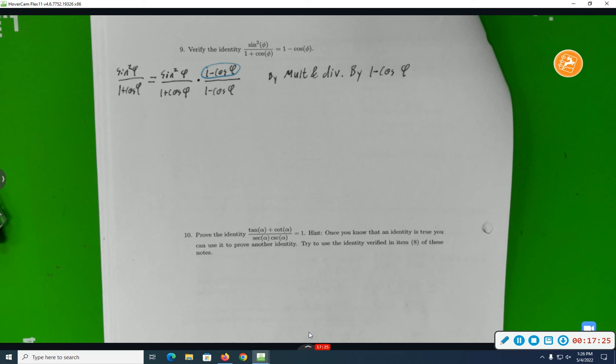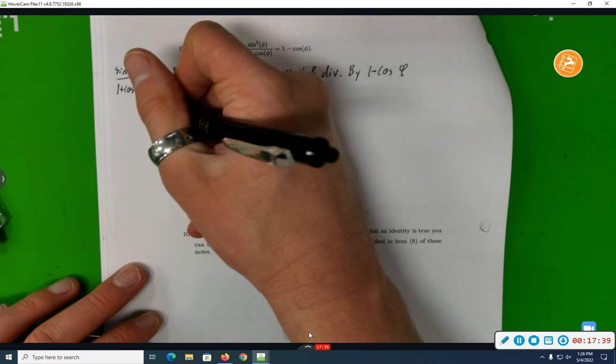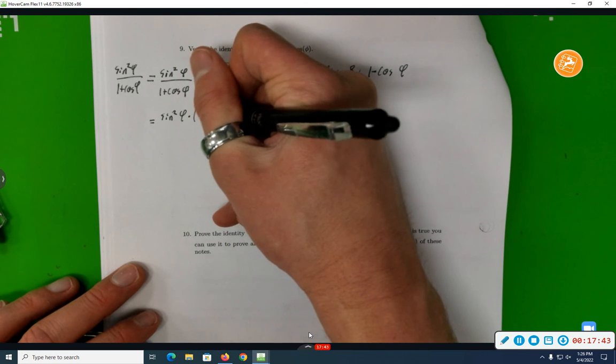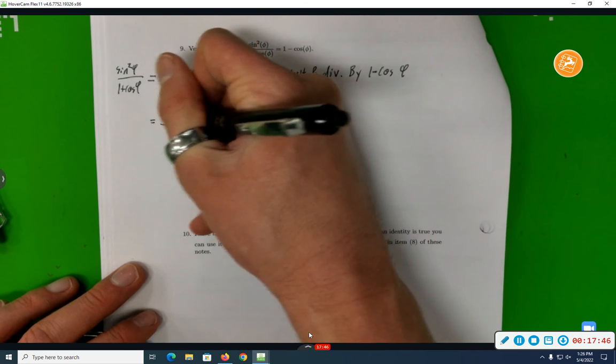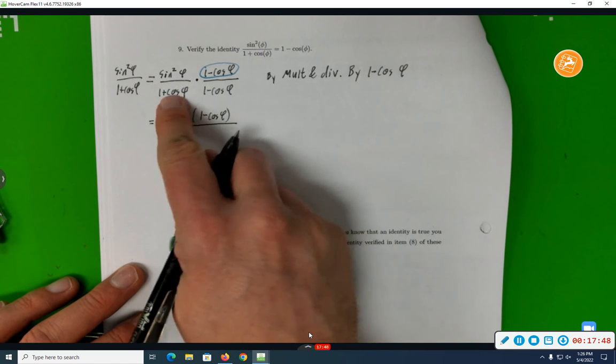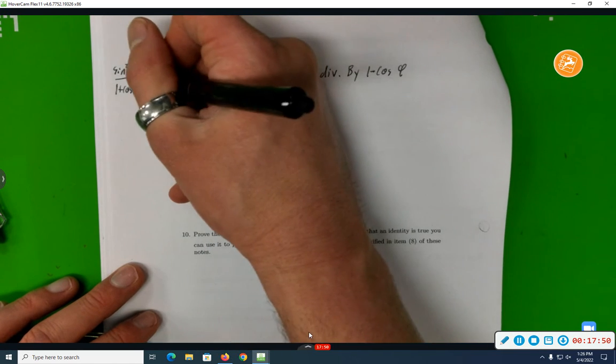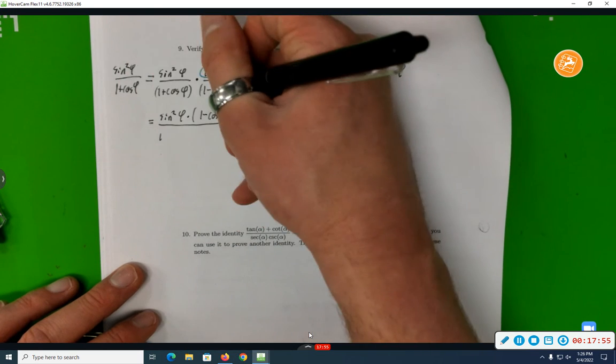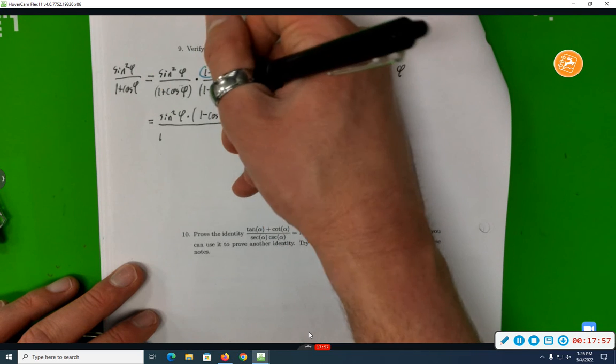In the denominator though, I see a thing times a thing. Let's multiply those things out. Maybe we'll see something nice. Equal to sine squared phi times 1 minus cosine phi all over, and then I'll FOIL out the bottom. So 1 times 1 is 1, minus cosine, plus cosine, minus cosine squared.